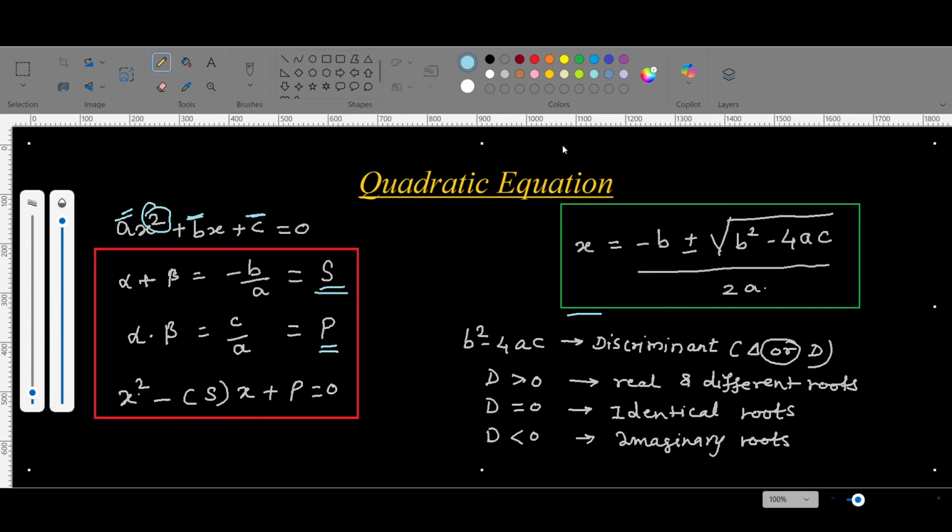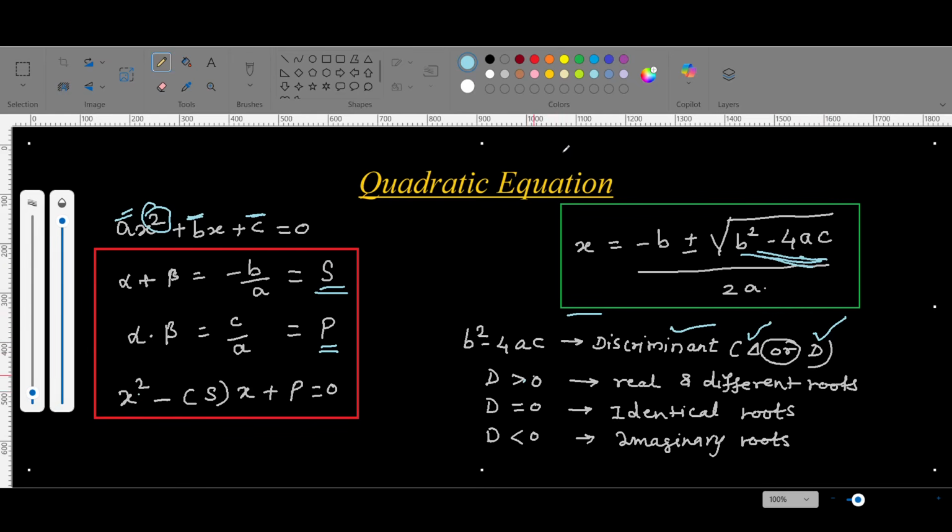Now, how do we find the roots of the quadratic? When we plug in these values, b is the coefficient of x, a is the coefficient of x squared, and c is the constant. The magnitude of b squared minus 4ac is known as the discriminant, which is denoted by delta or a capital D.